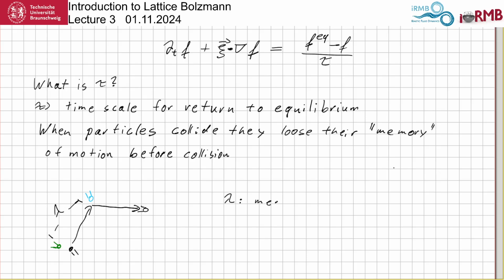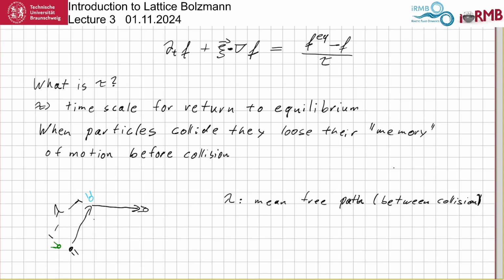So this is why we call this mean free path. And we usually call this mean free path and mean between collisions, but usually we don't say between collisions, when we just say mean free path.